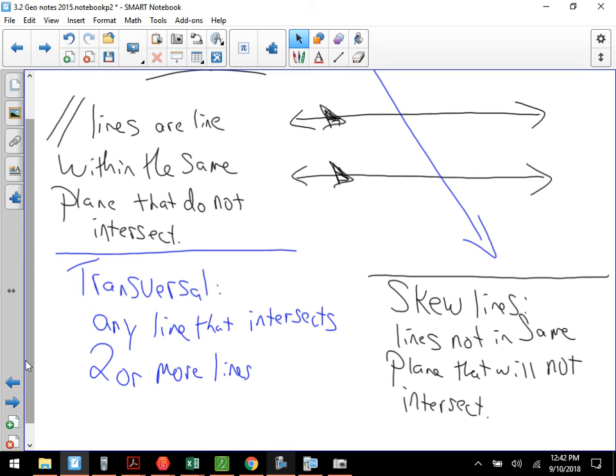So parallel, obviously, lines don't intersect, same plane. Skew, lines don't intersect, different plane. Something on the front wall, something on the back wall. They're never going to intersect, but they're not in the same plane. And the last one then is this thing called transversal.